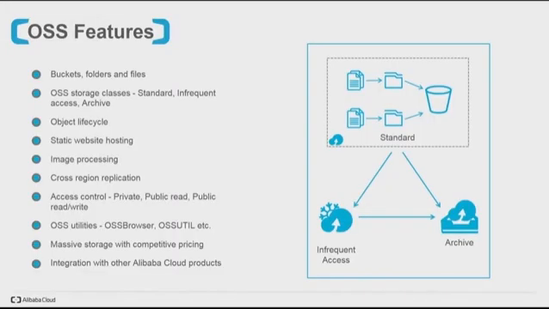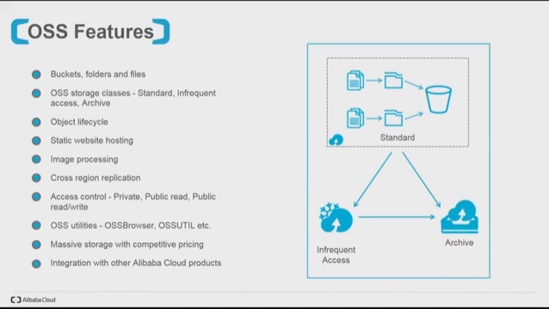As the name suggests, standard is something which you can access anytime. Infrequent access is something which you don't access frequently. You need it probably once in a week or once in a month. There are limitations attached to each storage class. Archive is actually a cold storage where you want to archive your data for compliance reasons, or you want to maintain, say, 7 years or 5 years of your data, and you dump it to your archive storage.